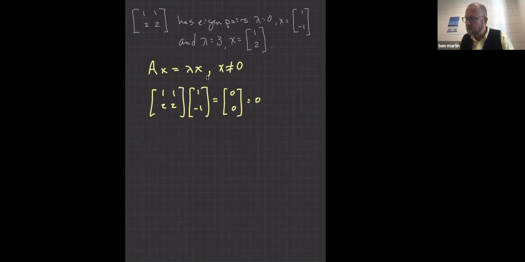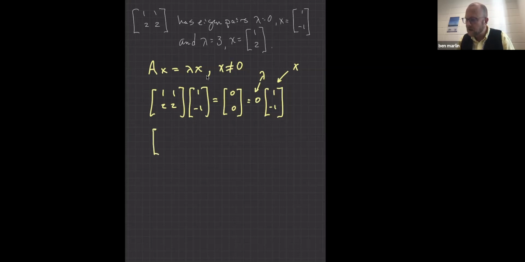So this is 0 times 1, negative 1. So that's the lambda, and that's the x. Now, you need to spot that if I'd used 2, negative 2, or 3, negative 3, any multiple of it, I would still have gotten the same result. So that is the sort of thing that is happening.